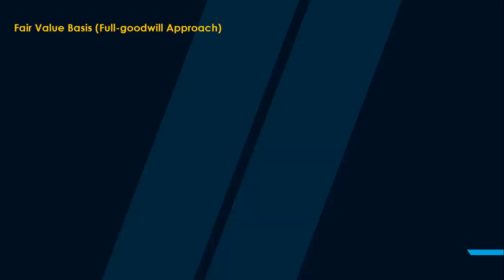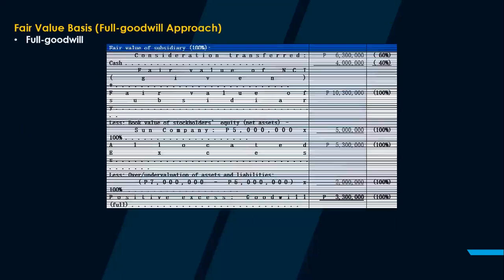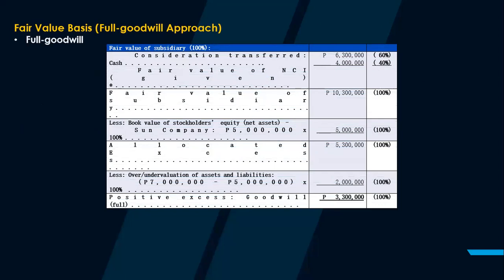So the fair value or the full goodwill approach, so we now have the consideration transferred for 6.3 million, and we have cash of 4 million, the total of 10.3 million. Then we have the book value of the net assets equal to 5 million.